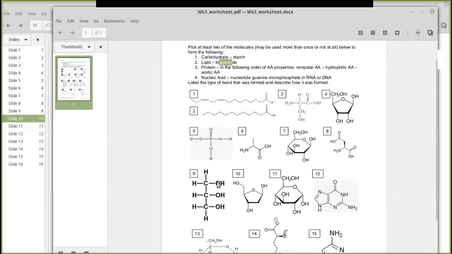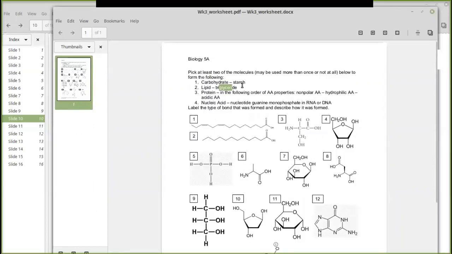If you have a microphone, use it; chat if you don't, but I prefer microphone. Glycerol? Glycerol, right? Good. So glycerol combining with these fatty acids makes a triglyceride. And you could mix and match them if you want. You could have 3 of this, whatever. What is the difference between 1 and 2?